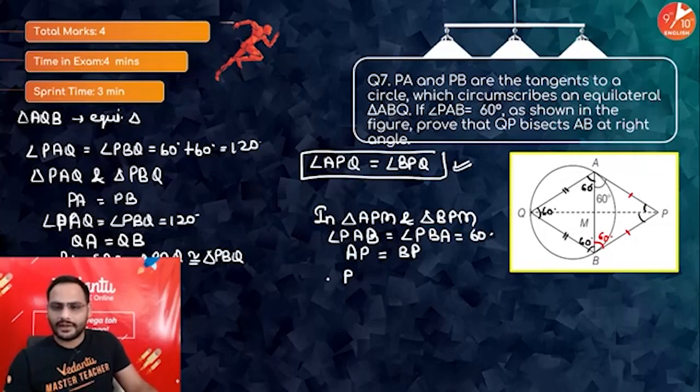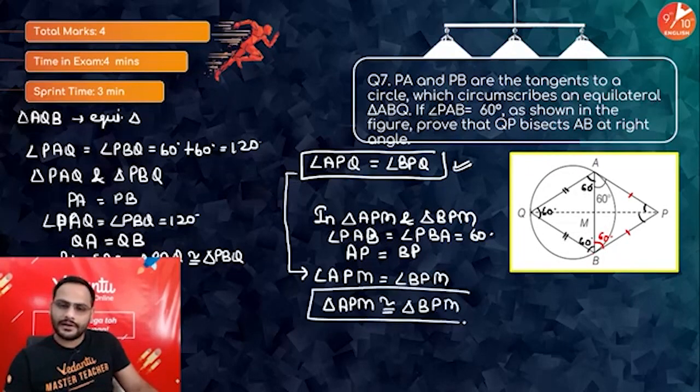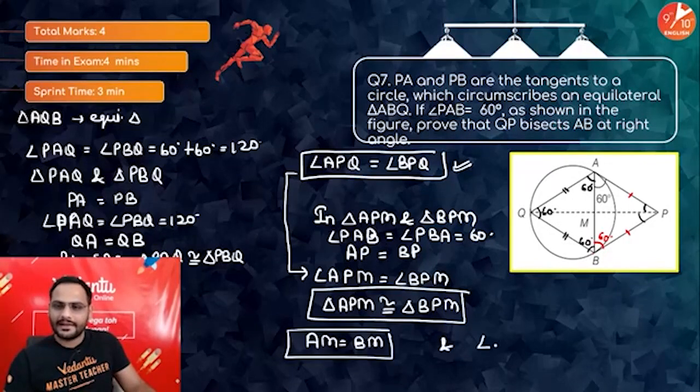So angle APM is equal to angle BPM because of this. Angle APQ is the same as angle APM, BPQ is the same as angle BPM. So I can say triangle APM is congruent to triangle BPM. If they are congruent, we can say first thing AM is equal to BM. It is bisecting, and angle AMP is equal to angle BMP.